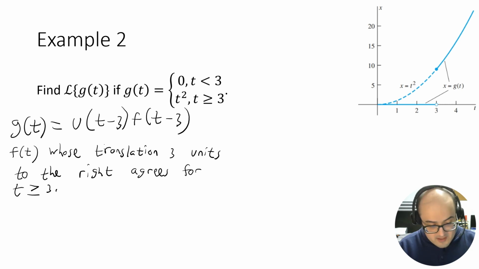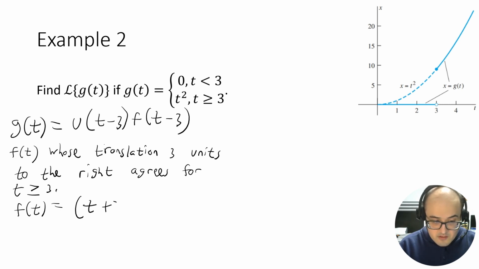But in order for it to agree, f of t would be equal to t plus 3, the whole quantity squared, in order for it to actually give us what we want on this graph.